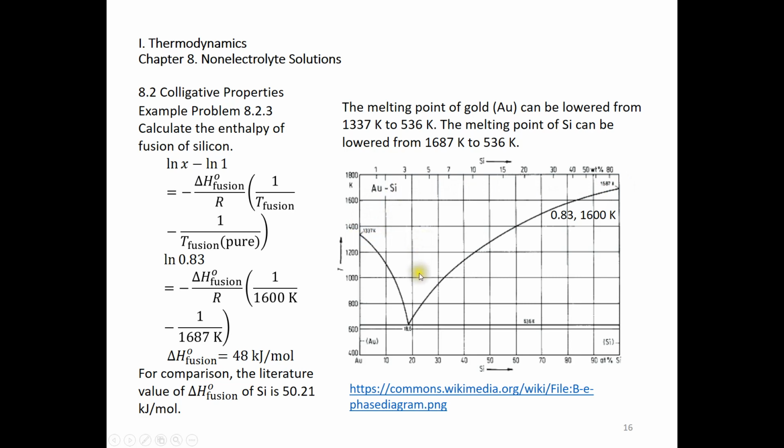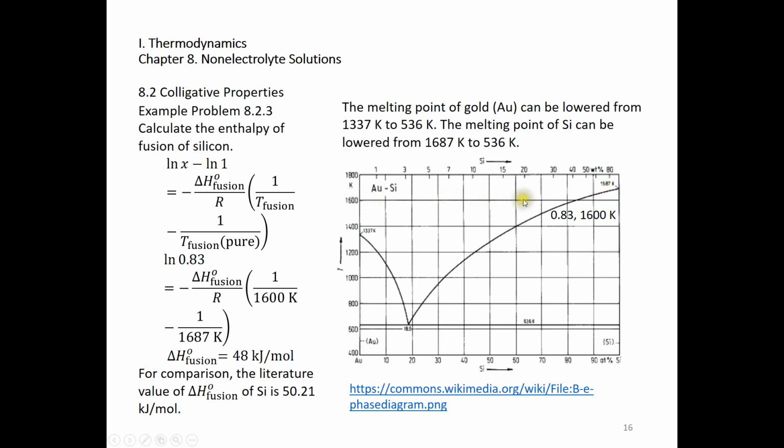But again, if you mix them with the right composition, you can lower both melting point of gold and silicon to only 536 Kelvin over here. So that's a big decrease of melting points for both chemicals. And now we have one data point over here. We know pure silicon has this melting point. And then let's look for another data point.